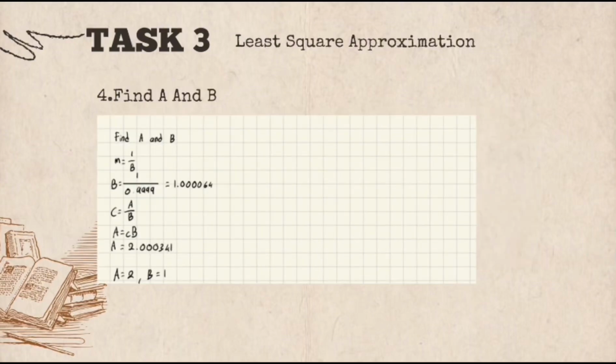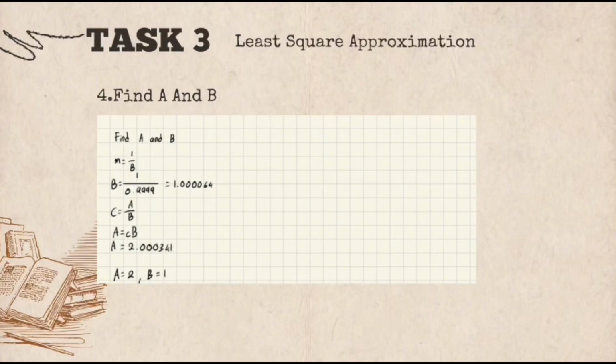So for the fourth step, we find A and B. Using the model that we derived, M is equal to 1 over B. So B = 1 over 0.99 is equal to 1.00064.